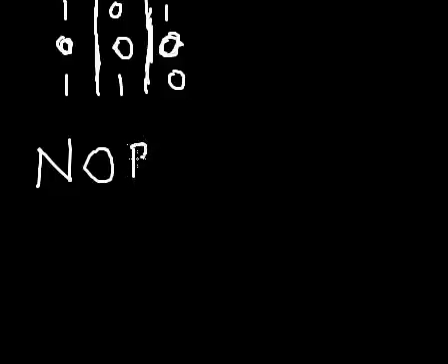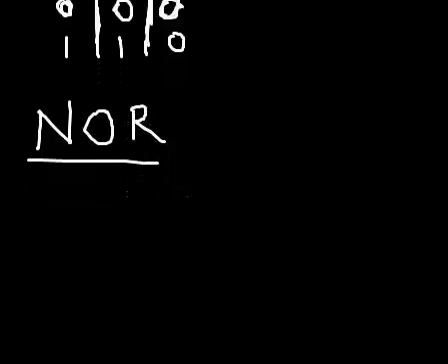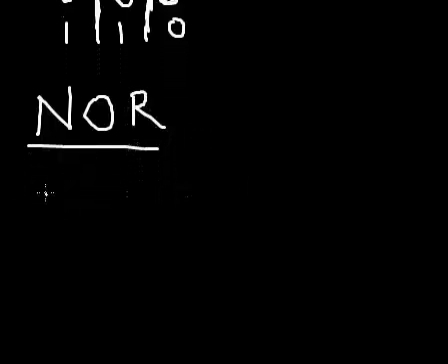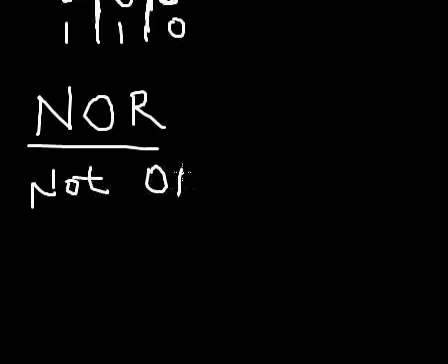Okay, so now let's look at other gates. Let's look at what is known as the NOR gate. NOR gate is a combination of two words. It simply means not OR.